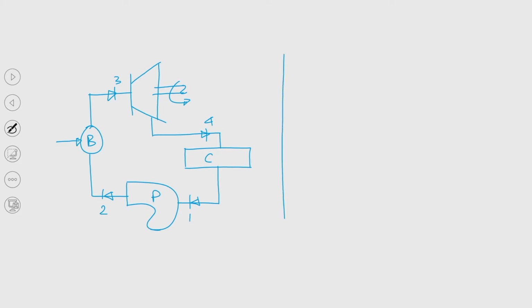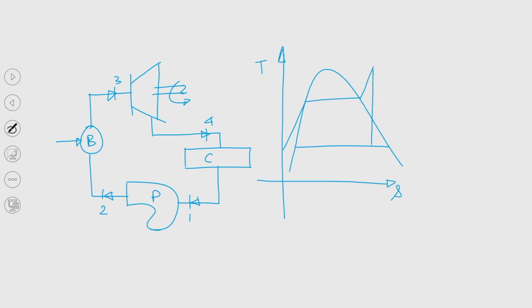Now, if we try to draw the TS diagram, we see that, so this is the TS diagram.